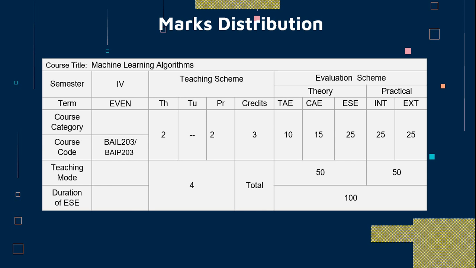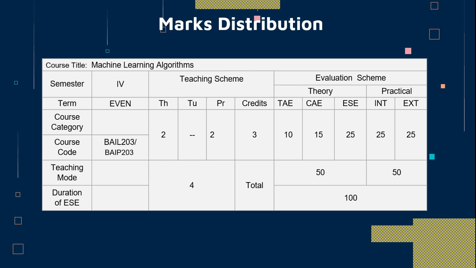In the evaluation scheme, there is the TA of 5 marks, 2 CAEs of 15 marks each, and the end semester exam of 25 marks. In practical, there is the internal practical, with an internal mark out of 25, and a regular internal mark.